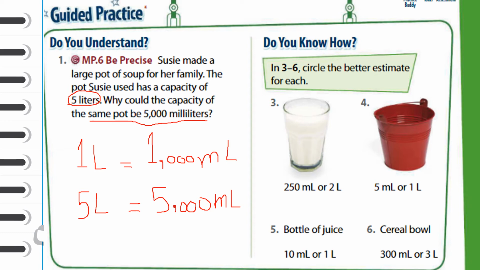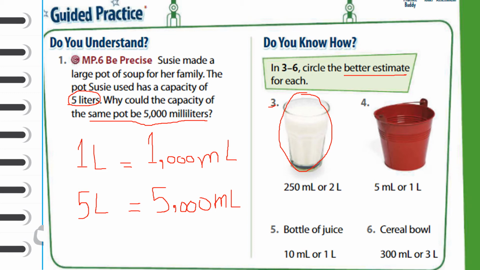Okay, question 3. We have to circle the better estimate for each. So all of us drink the glass of milk every day, right? It's good for us. So this glass holds 250 milliliters or 2 liters.